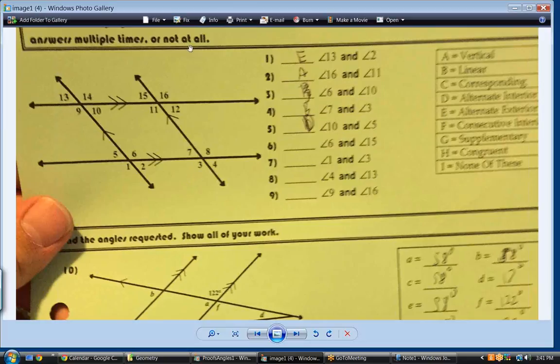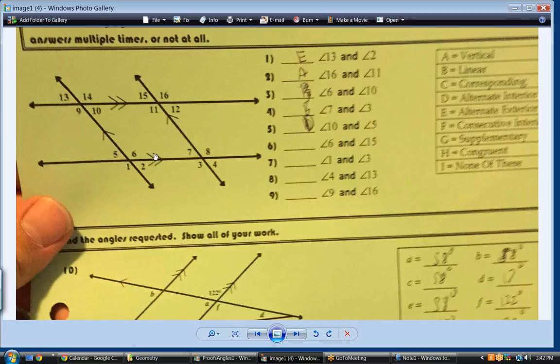Can you find a letter that describes 6 and 15? Congruent. Congruent means equal. Is 6 and 15 equal? Oh, no, sorry. Corresponding? No.